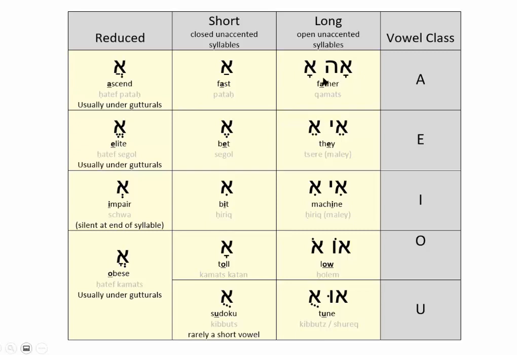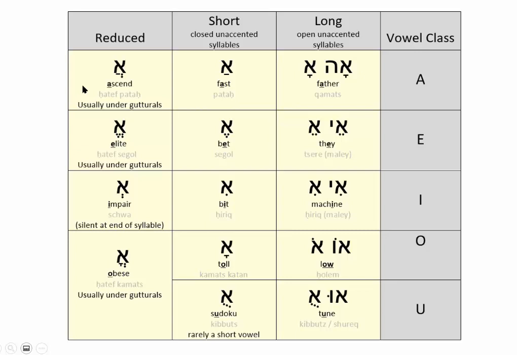The short A vowel is sometimes pronounced like a short ah, and some dialects will pronounce it more like an a, as in fast. This vowel is called patach.